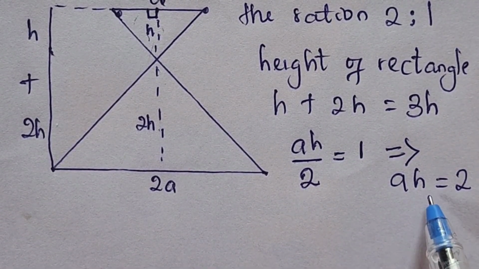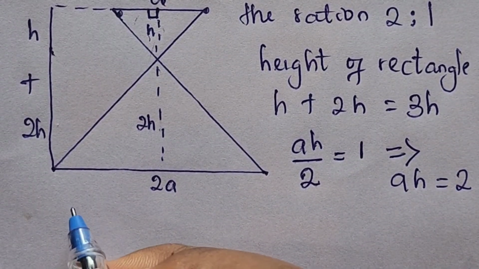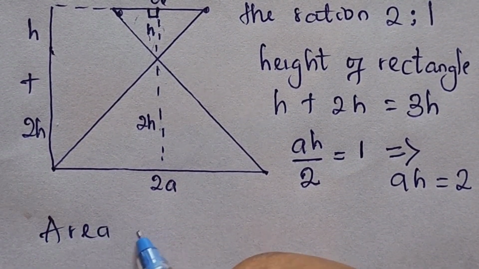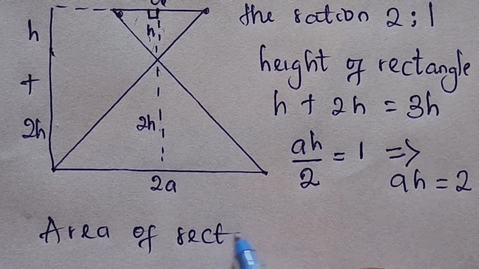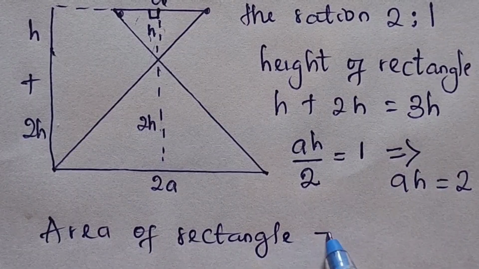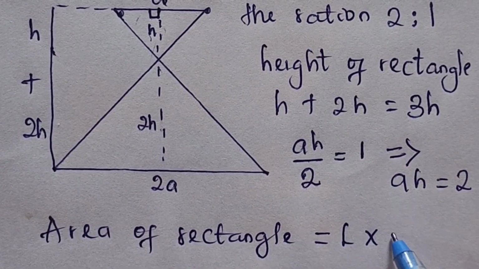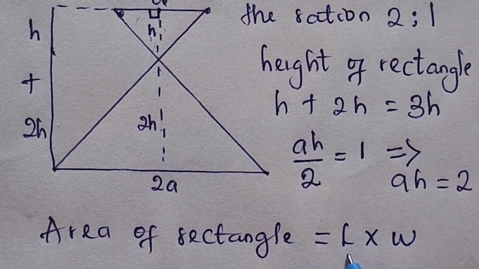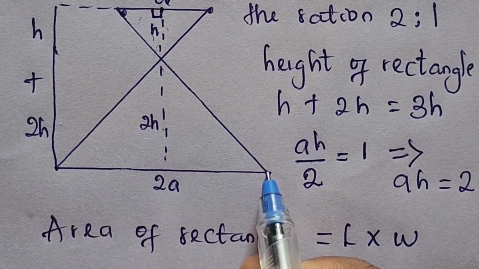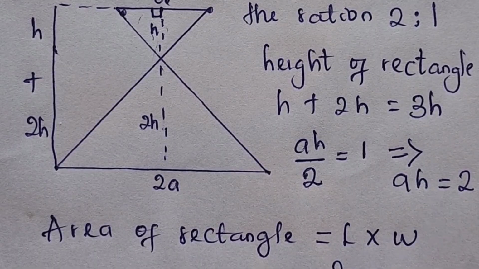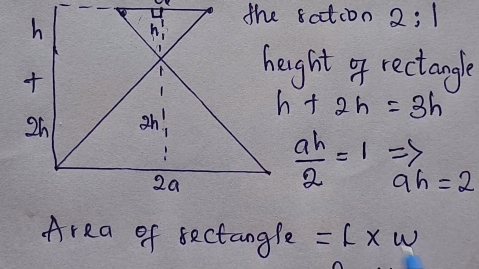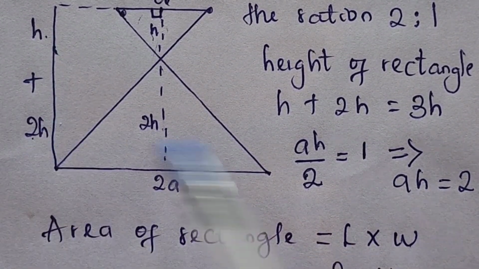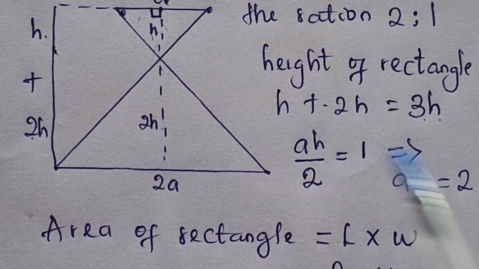So we can use this formula here. Let's recall that area of a rectangle equals length times width. So we have our length to be 2a and we have our width to be h plus 2h, which is 3h.